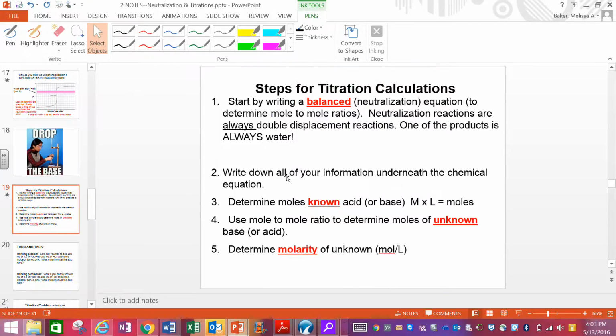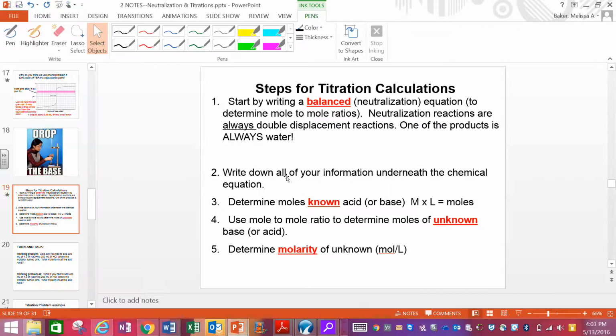So when you're doing a titration, there's a method to the madness because it can get a little overwhelming at first. Step 1, always write the balanced equation. Just like we've been practicing, acid plus base makes a salt. You'll need to crisscross the charges, and it makes water. Then, this is my own little trick. Write down your information, and I'll show you this in a second, underneath the chemical equation.